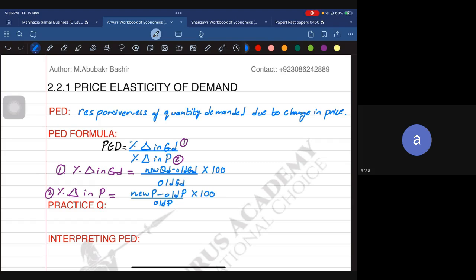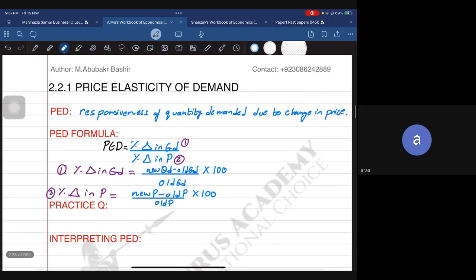Okay, now we have a practice question, and that shows that there is a table. Okay, 1 minute.